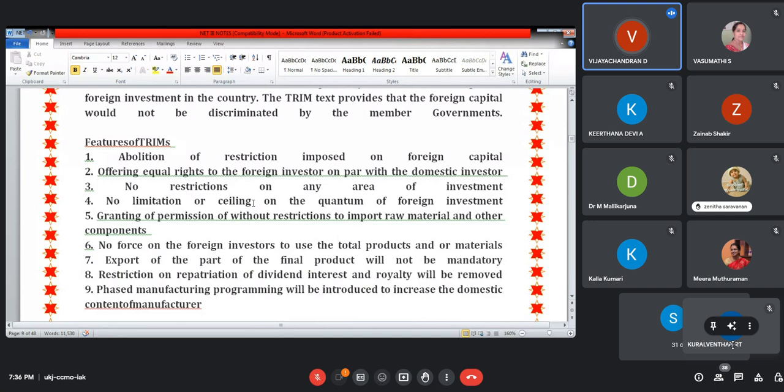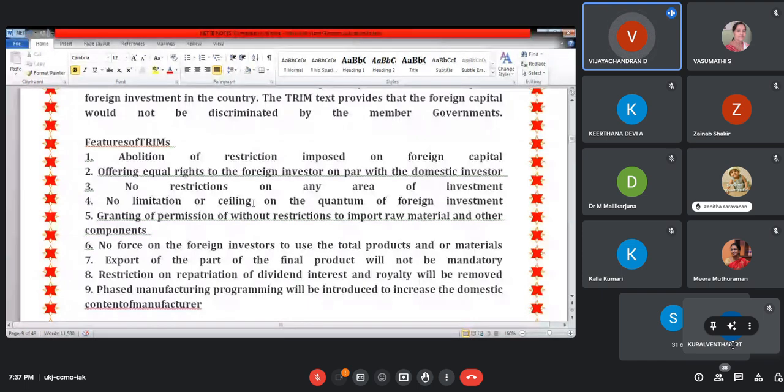So foreign investors do not have to use only local products. If they are investing, they do not have to use only that country's material. Those restrictions will not be there. So investment will be separate from the usage of raw material. No restrictions.